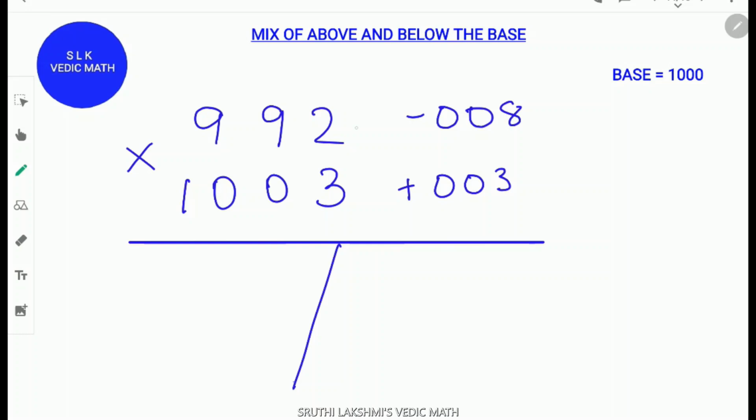Next we either cross add 992 plus 3 or cross subtract 1003 minus 8. They both give the same answer, which is 995.